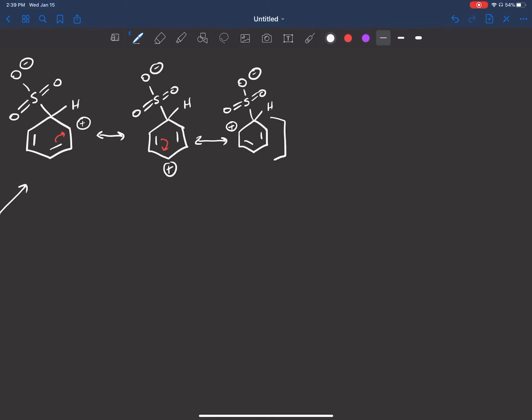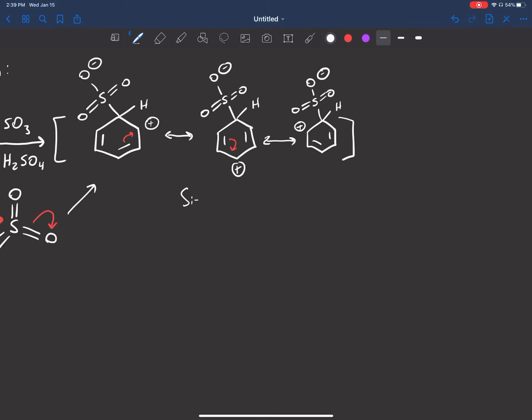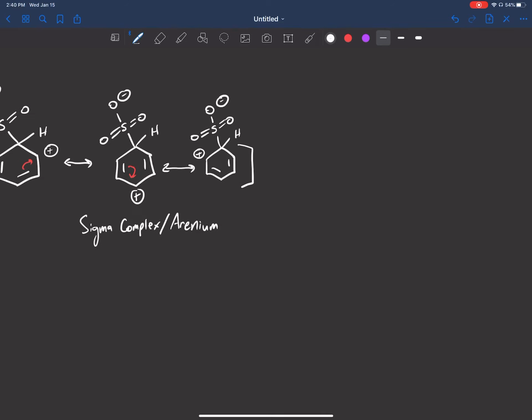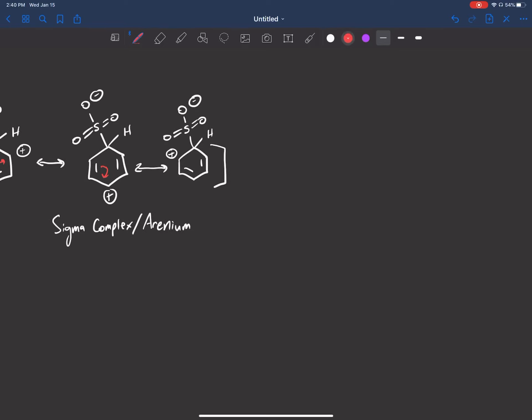Okay, and so this is our, remember, sigma complex, or it could be called the arenium ion, or arenium intermediate, same thing. Now what's going to happen is we're going to have some sort of deprotonation, because we need to restore that aromaticity.